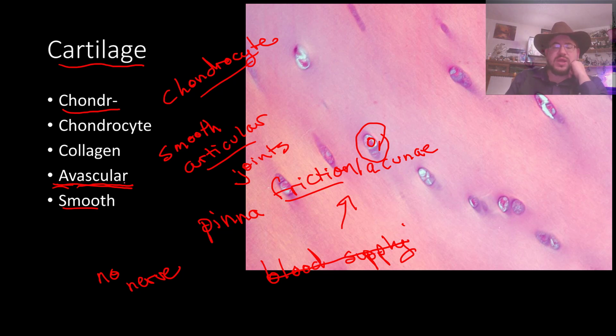One of the consequences of having no blood supply and no real nerve supply is that cartilage does not heal near as well as connective tissue that does have a blood and nerve supply. So this is why injuries to cartilage can often be permanent.